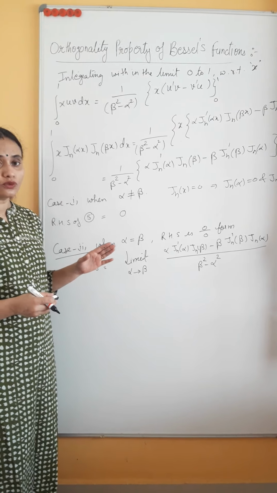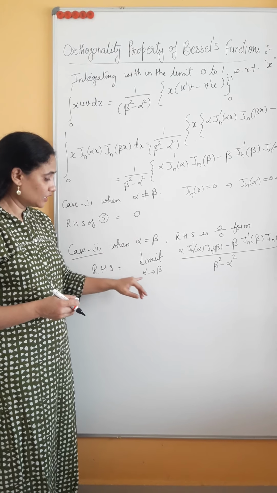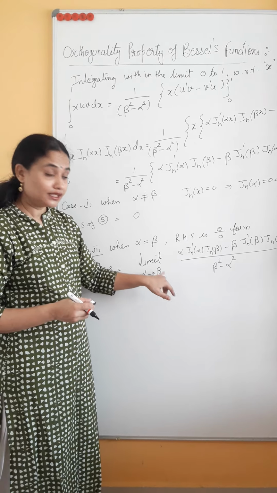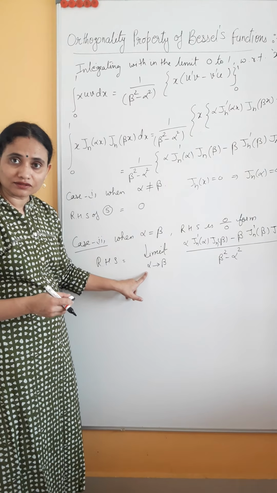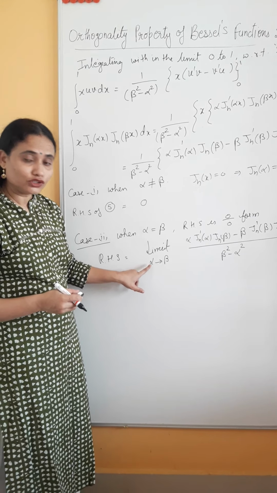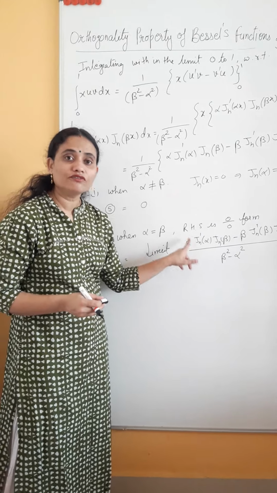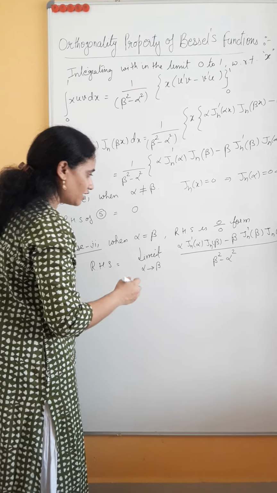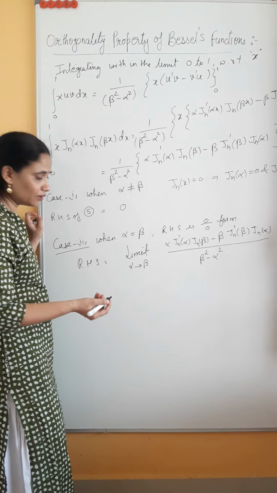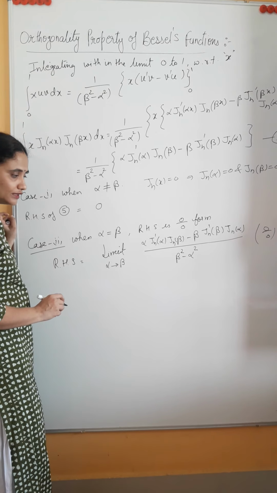In L'Hospital rule or indeterminate form, when x tends to something, then we differentiate with respect to x. So what is x here? X is alpha. So we have to differentiate with respect to alpha here. So when alpha is the variable, beta will be constant.